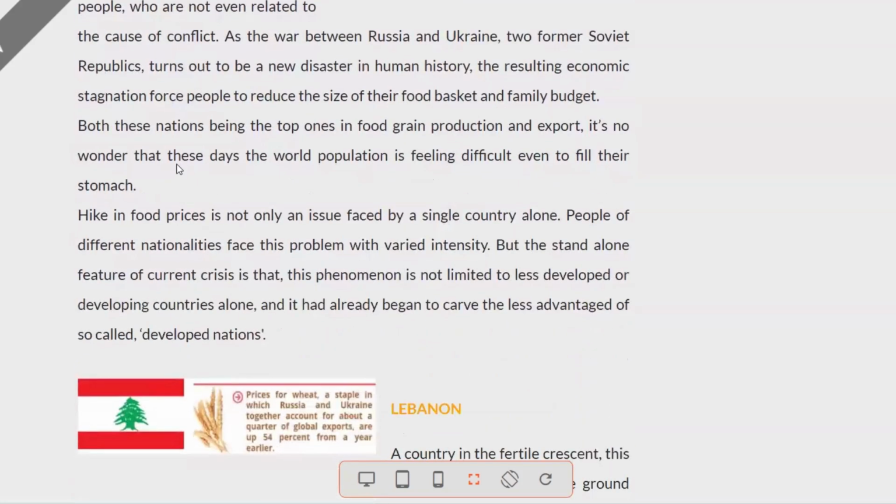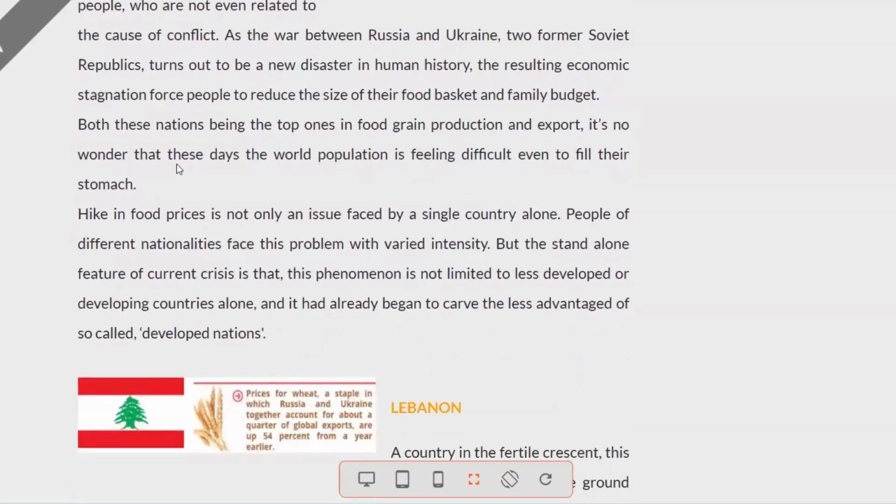Then we are going to the third passage. In the third passage, you should give more additional details about the issue or about the topic. Here I had given that this hike of food prices caused by this war is not affecting a single country alone. So I am starting to give more additional details about the issue or the topic from the third passage onwards.